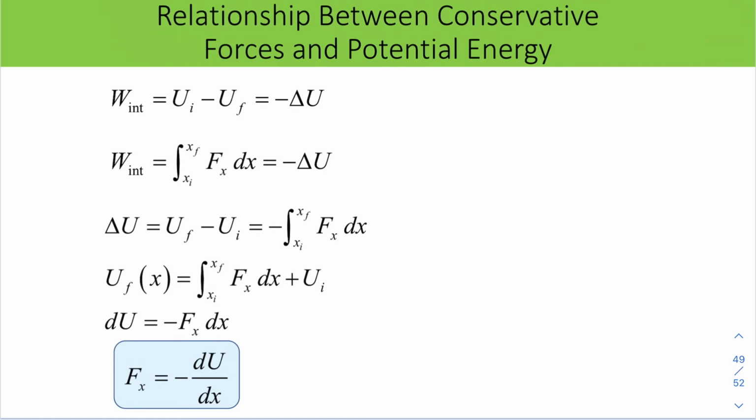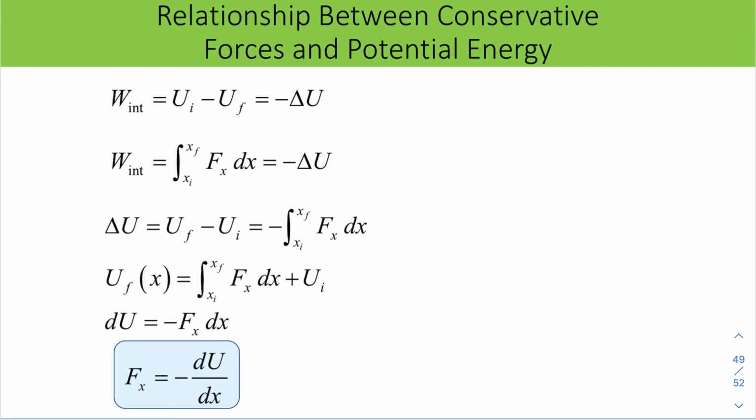Relationship between conservative forces and potential energy. We know just now that W internal, the work done internally, is equivalent to U initial minus U final, which is equivalent to negative delta U. And W internal can also be calculated by using the integral of Fx with respect to x from initial to final, which is equivalent to this value.